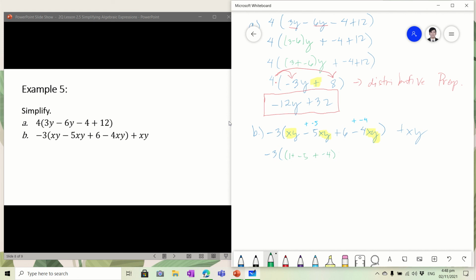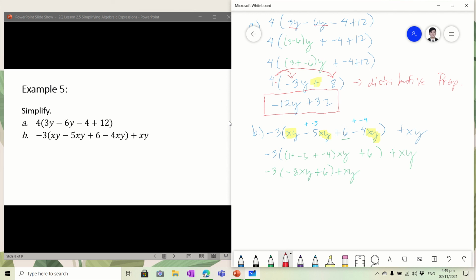Don't forget, they have the same literal coefficient xy, so just copy it. And don't forget, we still have the last term, so plus 6. So 1 plus negative 5 is negative 4. Negative 4 plus negative 4 is negative 8. So this would be negative 8xy plus 6.